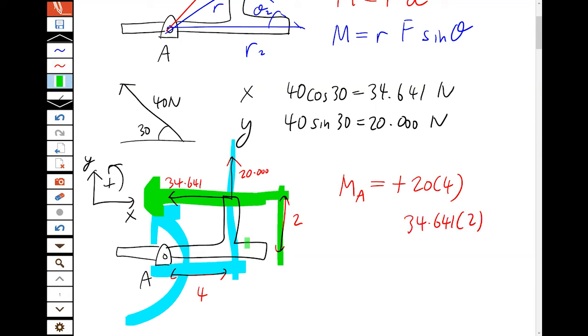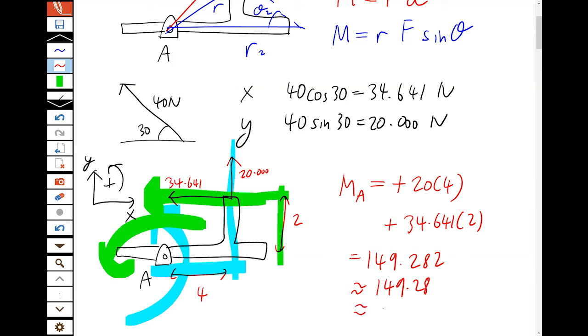And again, that would turn things counterclockwise around A, so that's positive, which gives us 149.282, down to 5 sig fig for my work, down to 3 sig fig for a final answer, 149 Newton meters. You see, in each case, the work gets handier.